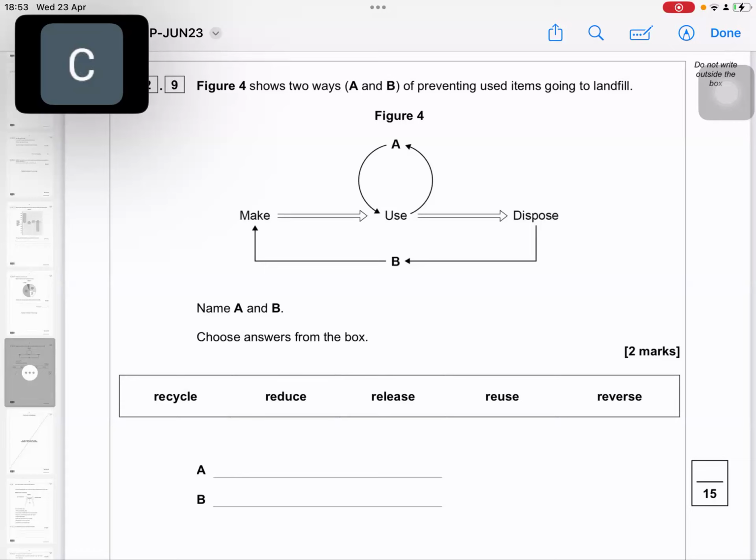But an example of B would be, okay, so you bought the Coke bottle, you drank it, you thought, okay, maybe we should just dispose it.